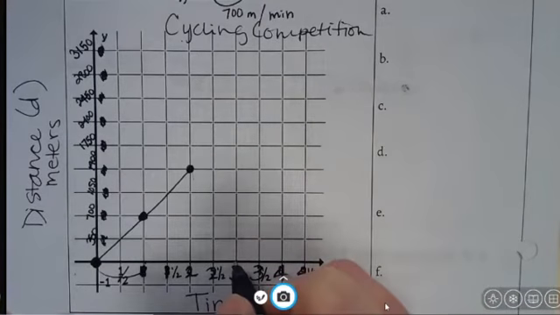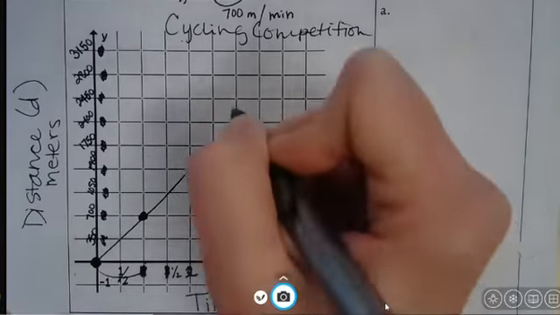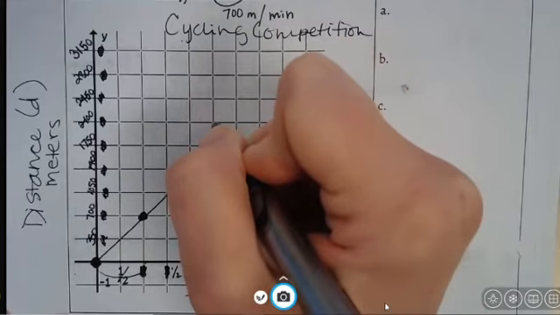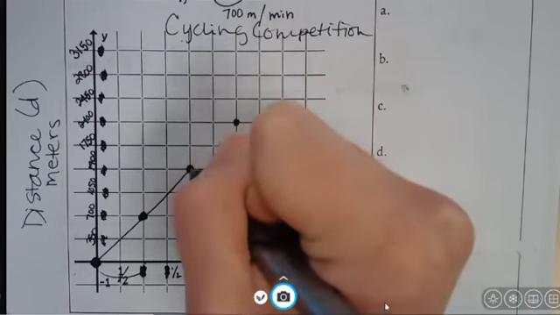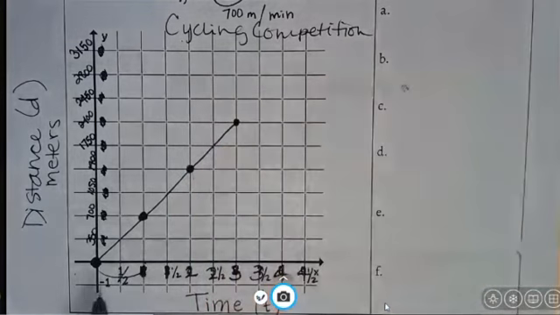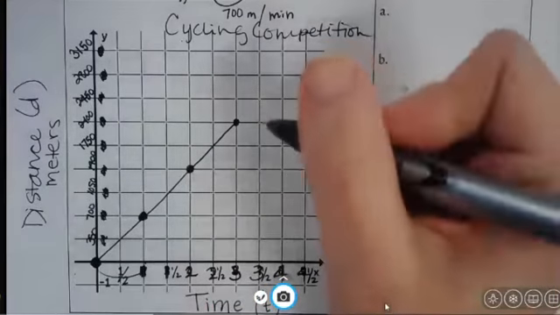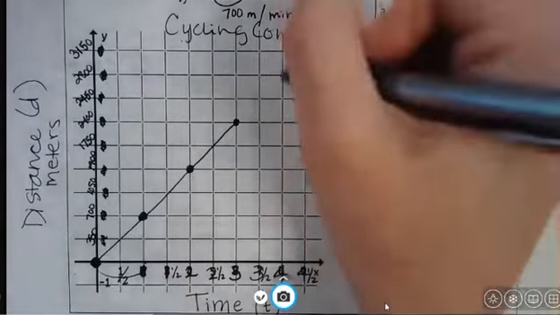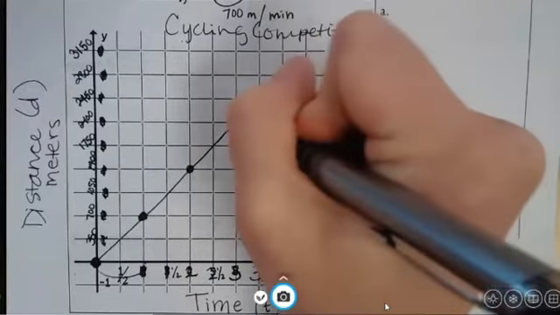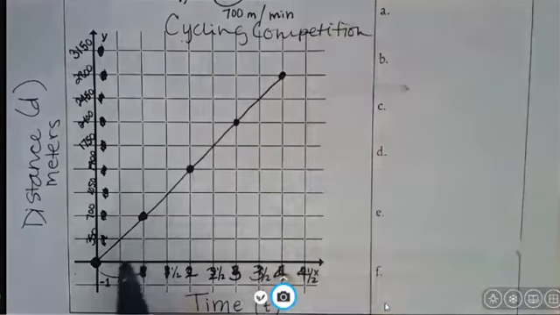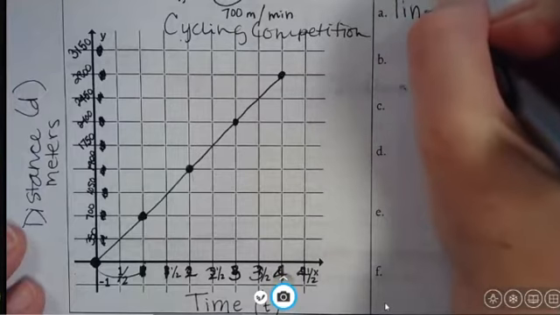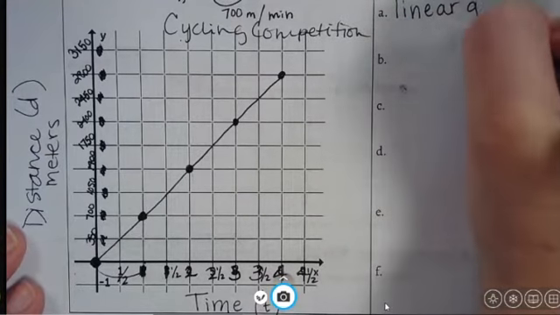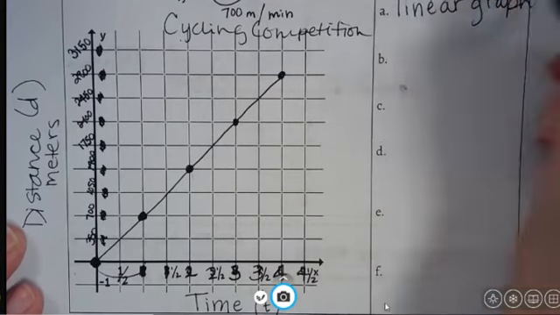And then 3 and 2,100. So you can see why it's important to make your X and your Y axis labeled correctly. 4 and then 2,800. So by this point you should see that it's a linear graph, or a straight line graph, which also tells me I have a linear equation.